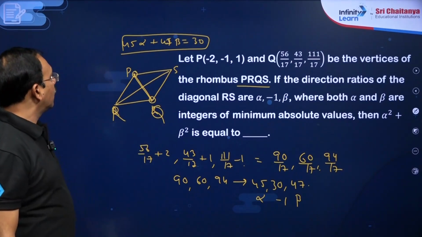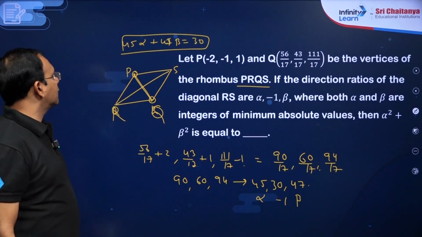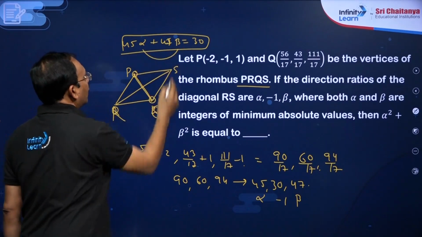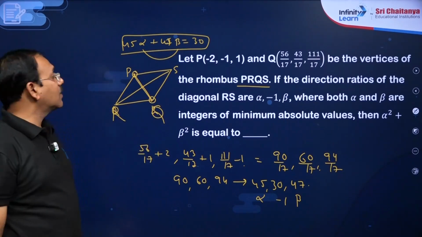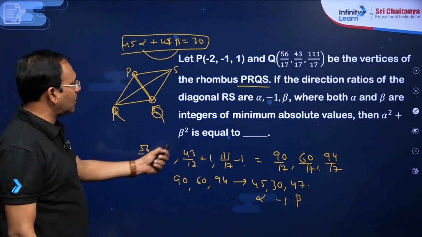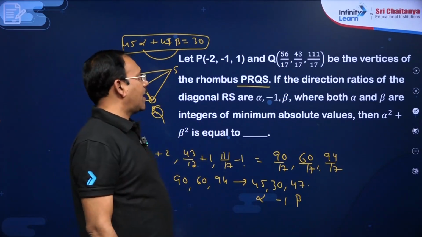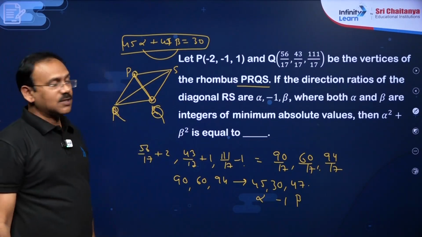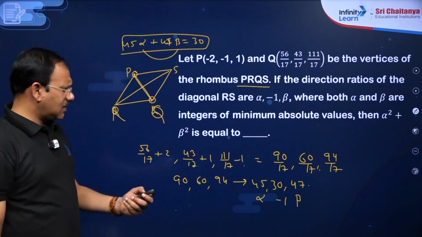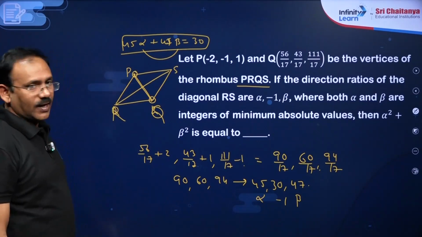Suppose 15 is the gap; you have to maintain the difference of 30. Accordingly, you choose alpha and beta, because he is asking for the minimum absolute value of alpha square plus beta square. So just find alpha and beta, dear students, by trial and error also you can do it.